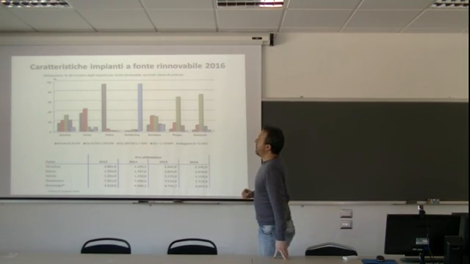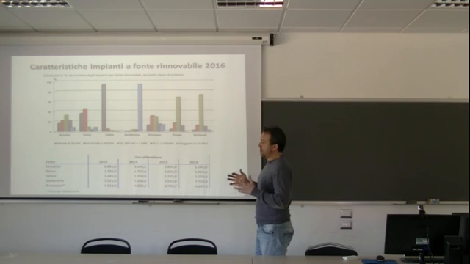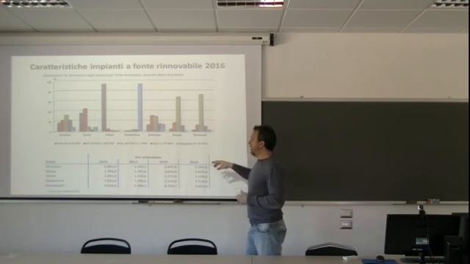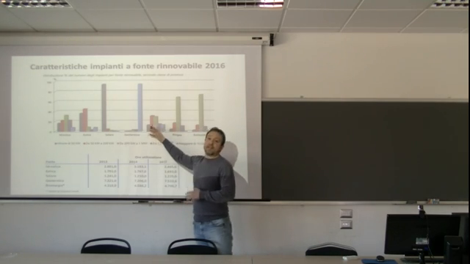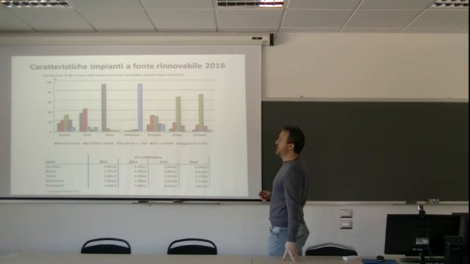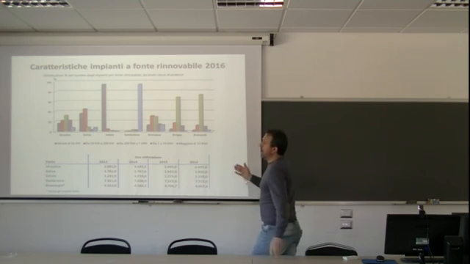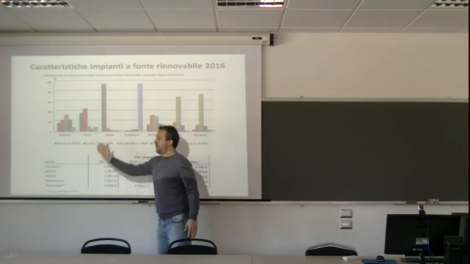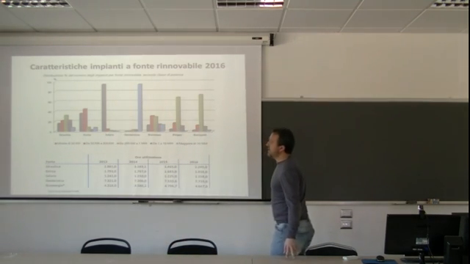And for example, the biomass situation is not so particular. We have different sites, and it depends on the typology of biomass system. The same for hydraulic. From wind, of course, we have little plants.